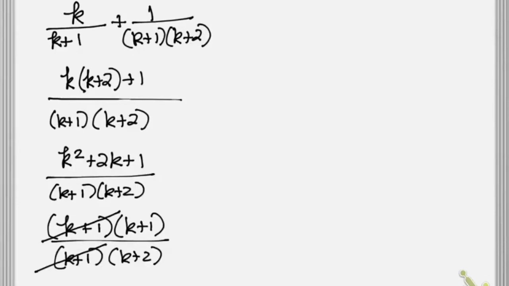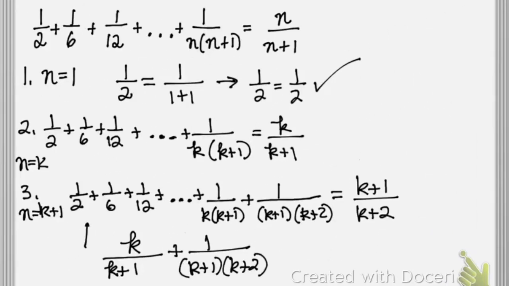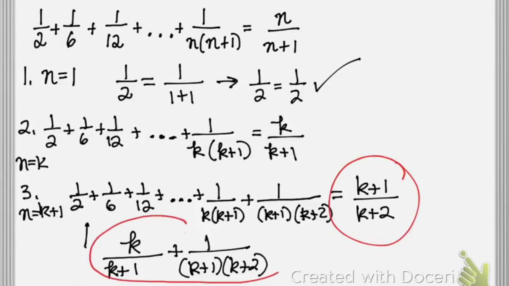All right, so I've got k plus 1 over k plus 2. Is that what we're trying to do? Let's take a look. Yeah, so that's what we're trying to do. K plus 1 over k plus 2, and on that other page I showed that this is equal to that, so that's a check and the proof is complete.